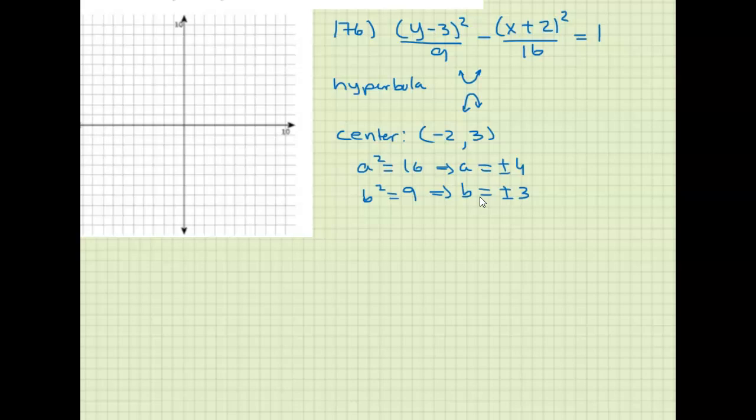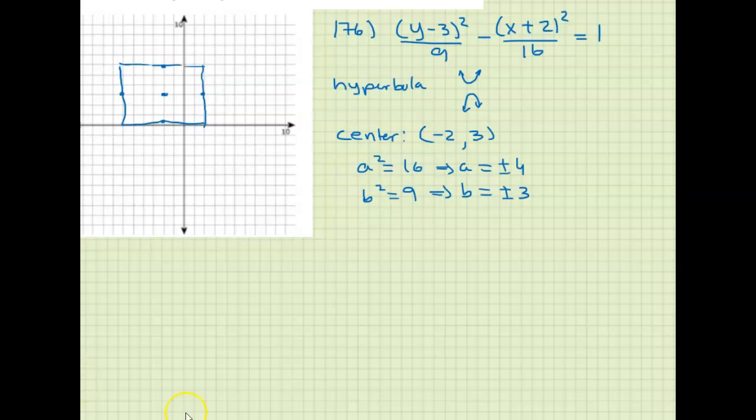So (-2, 3) is the center. Then I go 4 units to the right and 4 units to the left, 3 units up and 3 units down. It's a hyperbola, so we draw a box. All right, there we go.